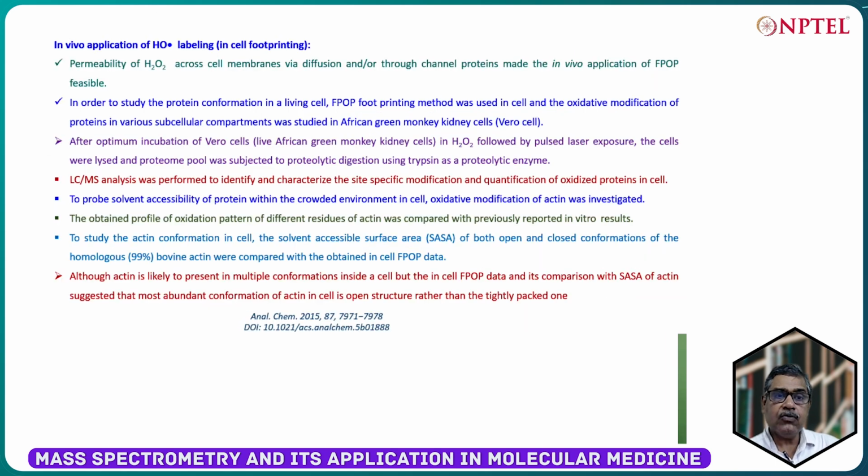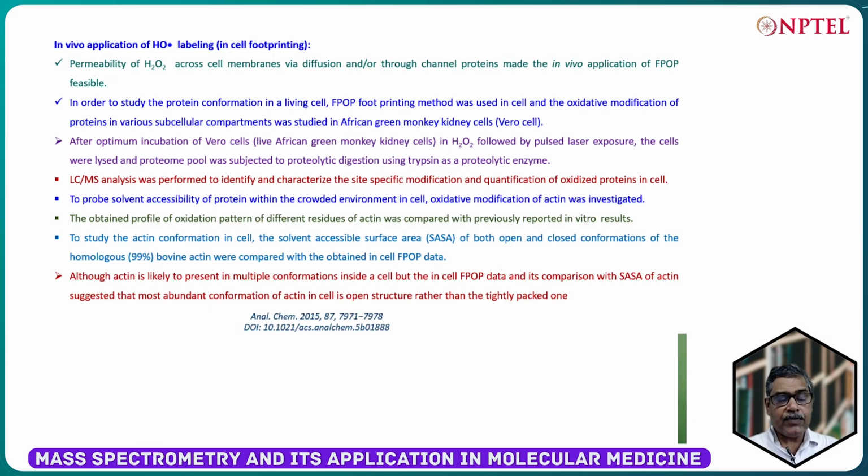Now, I will take you to another application of FPOP, that is in vivo application of hydroxyl radical labeling. I showed the in vivo application of hydrogen deuterium exchange in case of RBC. Here, this is another example of in vivo application of hydroxyl radical labeling.